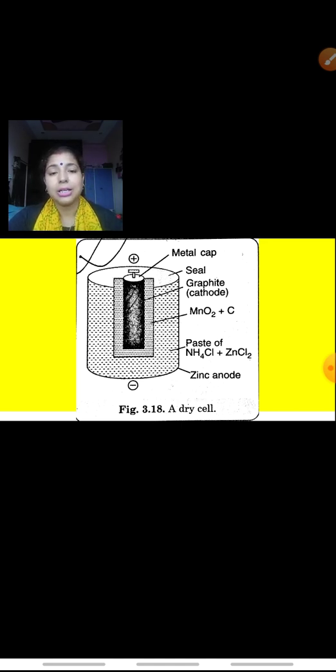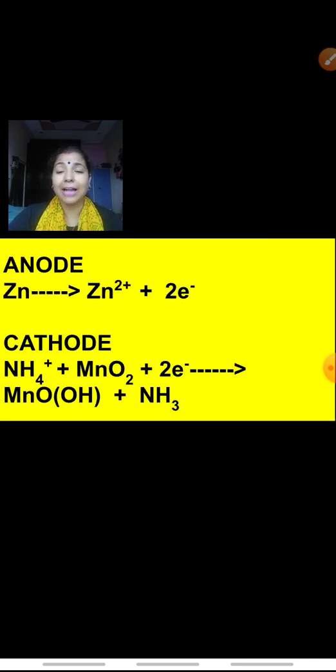Now children, you also have to remember the reactions which are taking place at anode and cathode of this dry cell. Now see, at anode, what happens? You all know at anode generally oxidation takes place. Always oxidation takes place. So what is happening?